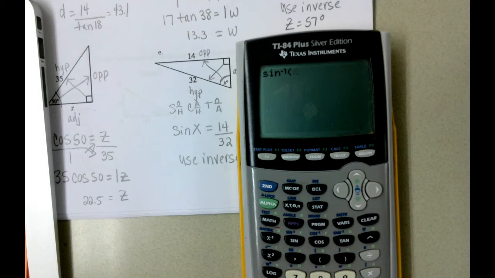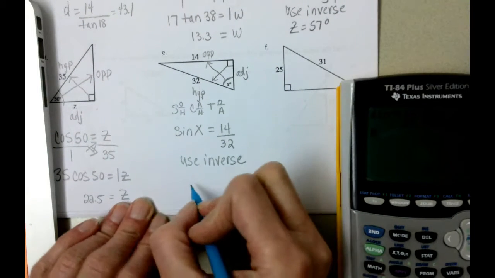Oh good, so for whatever reason my computer wasn't working for a second, but we're ready to type in the inverse sine because we're finding an angle, and then it's 14 divided by 32, and I didn't press the fraction button, but we're going to end up with 25.94. And again, when we're finding an angle, we need to round to the nearest whole number. So since it's 0.9, we're going to say that x equals 26 degrees.